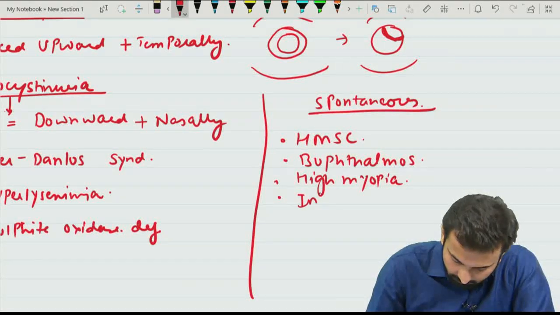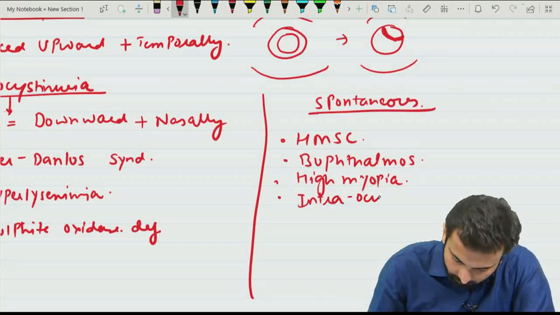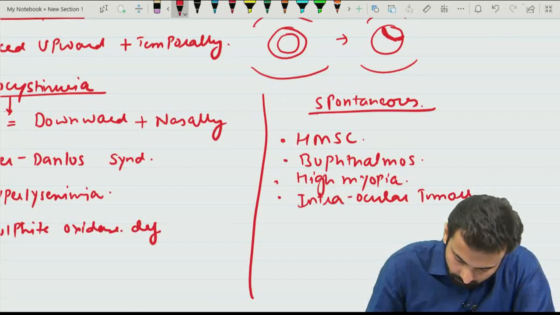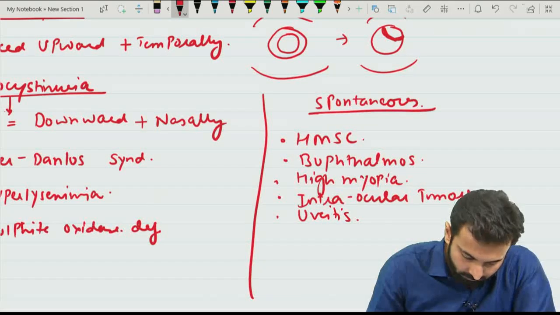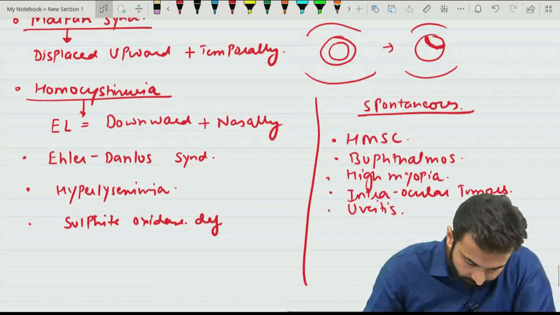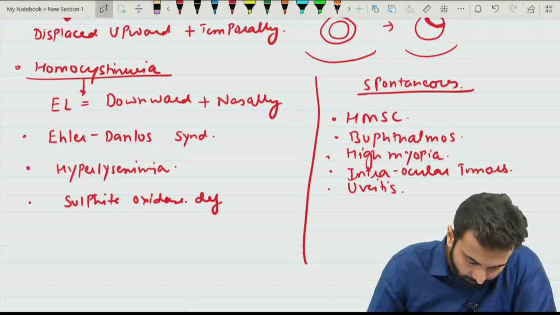Then other causes are intraocular tumors and uveitis. So these are the causes of ectopia lentis that you should keep in mind.